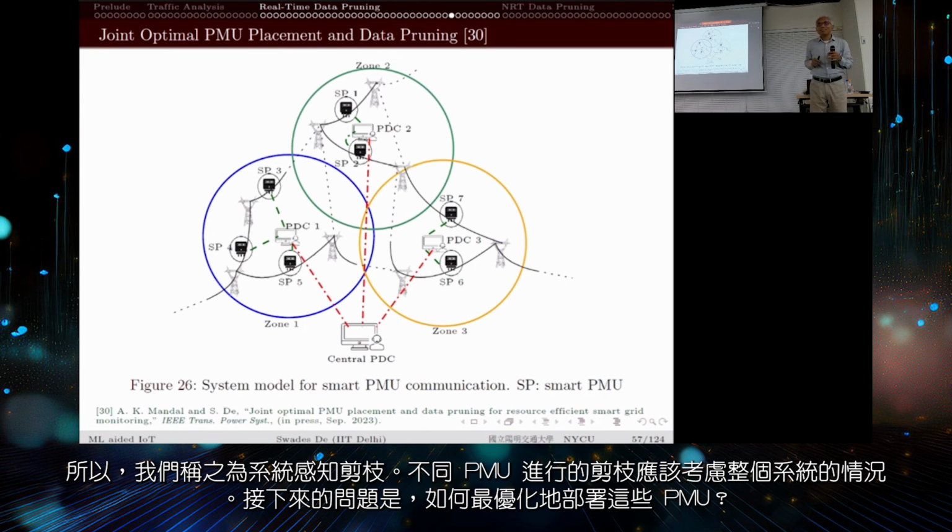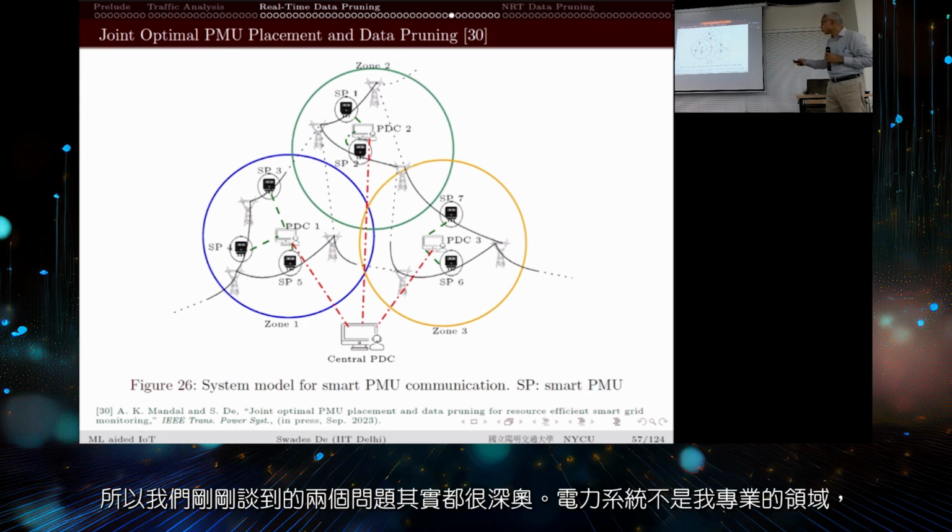But I need to consider not only the PMU's perspective, the bandwidth from PMU to the PDC, but the entire system's perspective. So we call it system aware pruning. The pruning that different PMUs do should be system aware. And second, given that system aware pruning is of interest, how do I deploy these PMUs optimally? These two are the context that we are talking about.